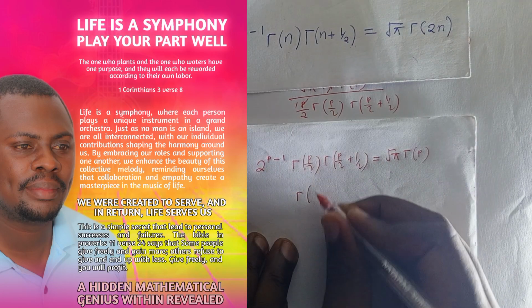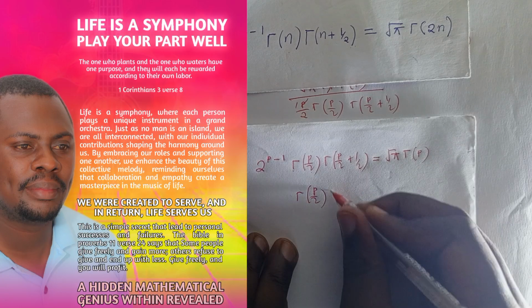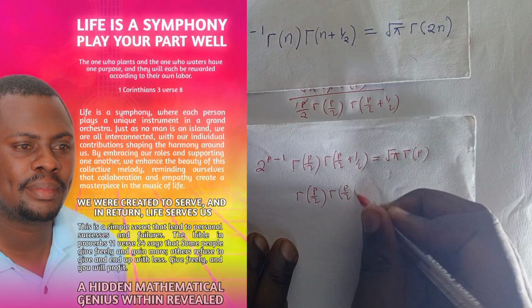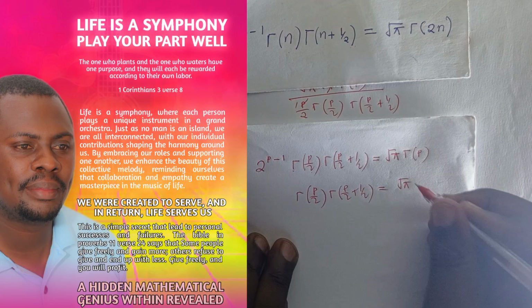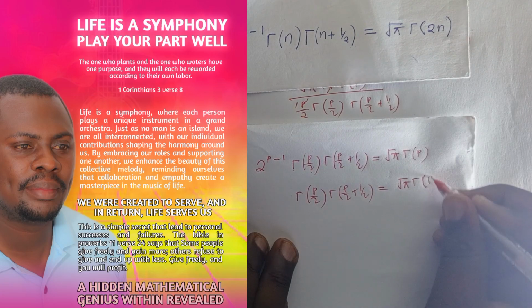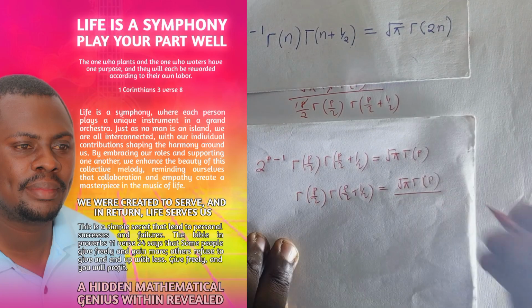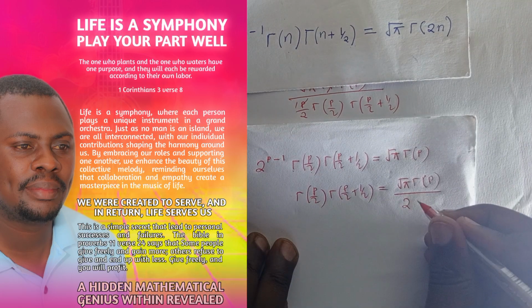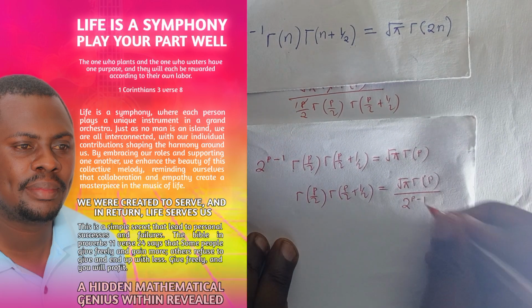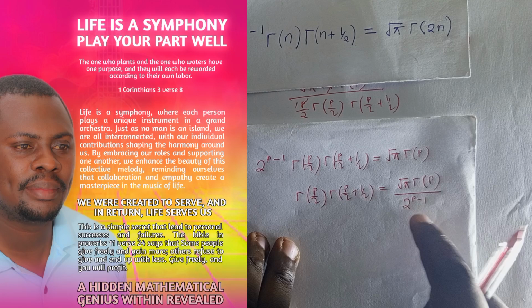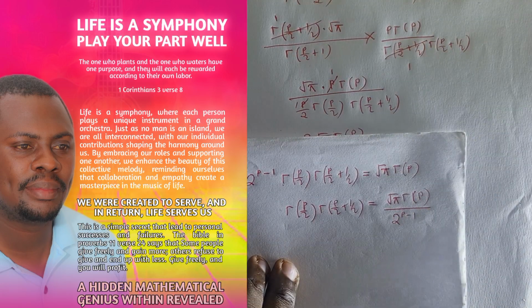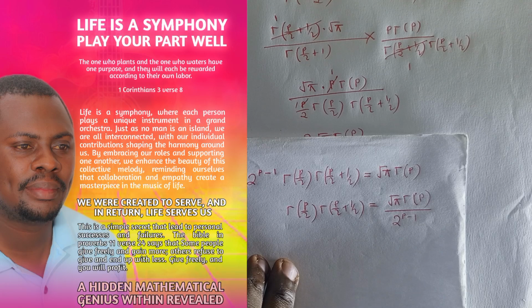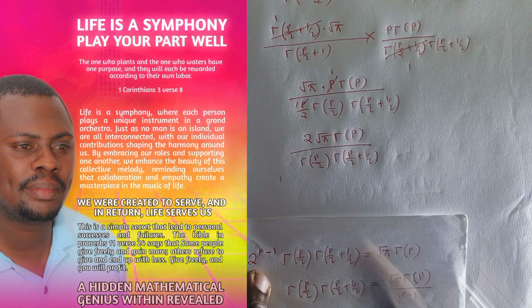So you get gamma of p over 2 multiplied by gamma of p over 2 plus 1 over 2 is equal to square root of pi gamma of p over 2 to the power p minus 1. Okay, so this is what we are going to substitute, where we have gamma of p over 2 and gamma of p over 2 plus 1 over 2 here.